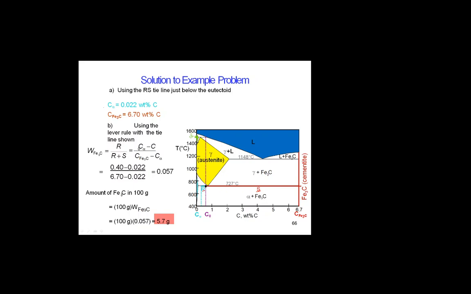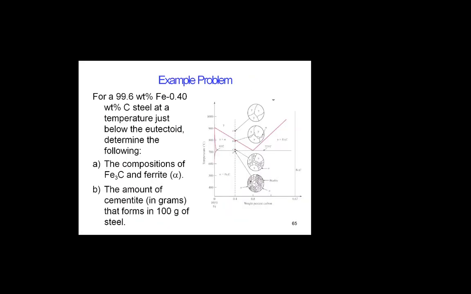We will get the alpha ferrite composition and the carbon composition with respect to that, which is 0.002% to 6.67%. That is the solution of this first one.